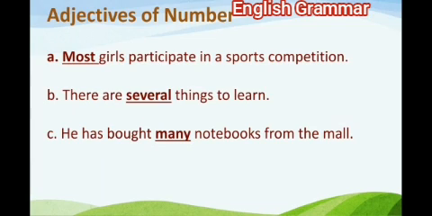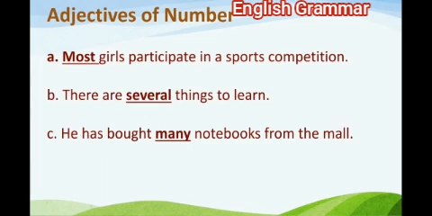Okay, so I could say, she was the first in the class. I know that example is not on your slide, but I'm trying to tell you the order. It talks about order: first, second, third, fourth. They all fall in this category. Most girls participate in sports competition. There are several things to learn.